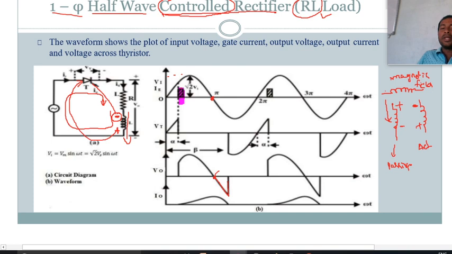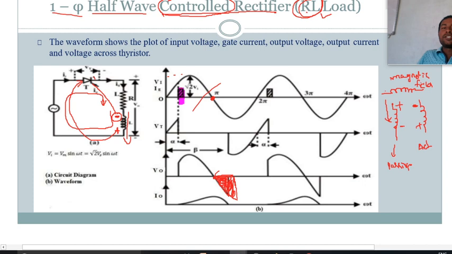This is the area where the stored energy is released; with more inductor capacity, it releases energy over more area. This is the most important difference between R load and RL load. After 180 degrees, the inductor polarities reverse and the thyristor remains forward biased for a certain duration based on the inductor stored energy.